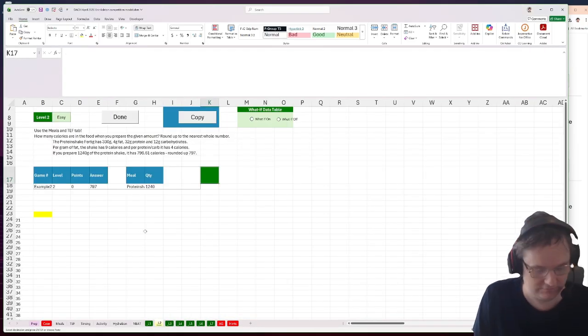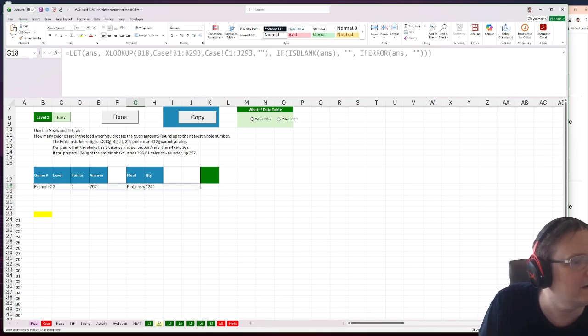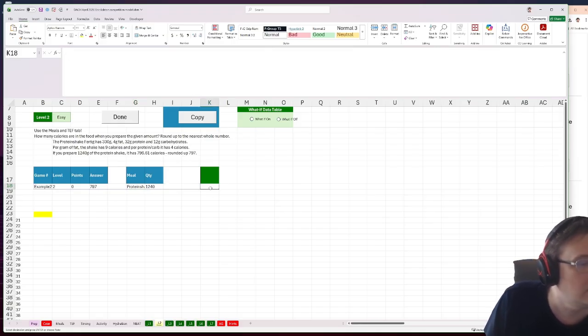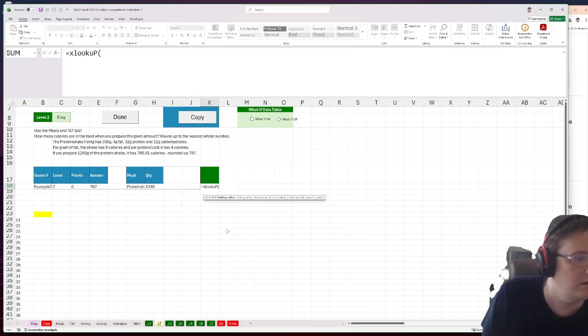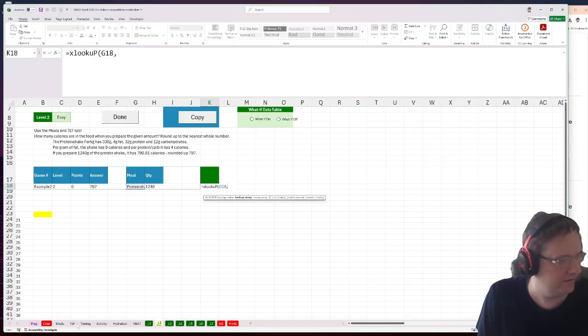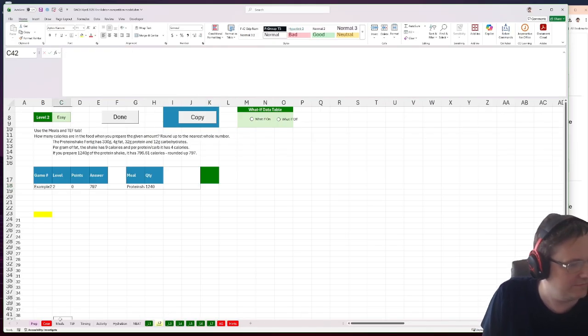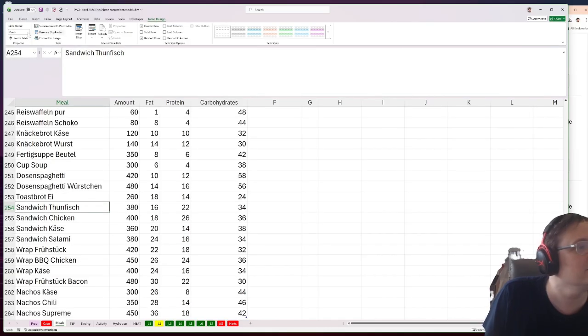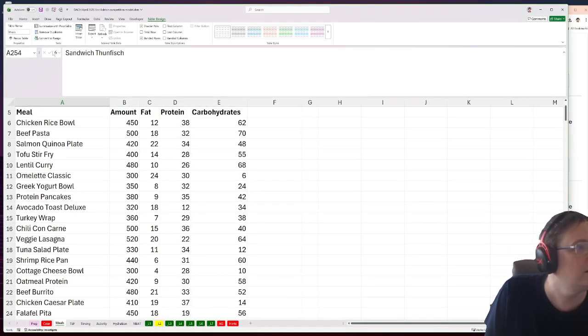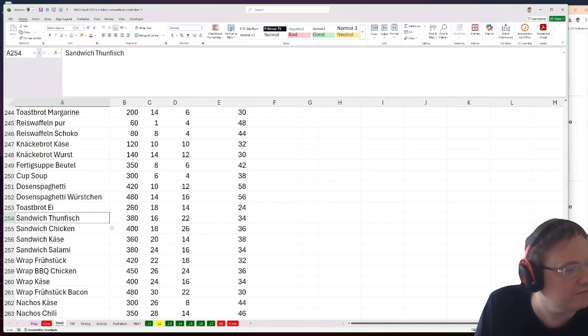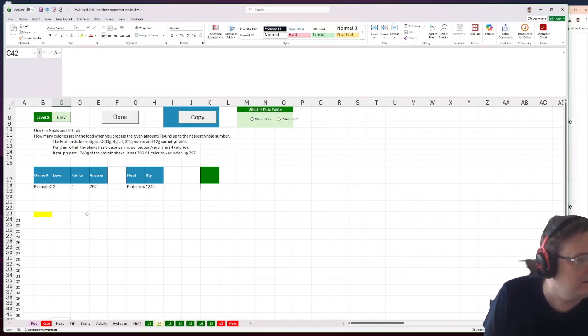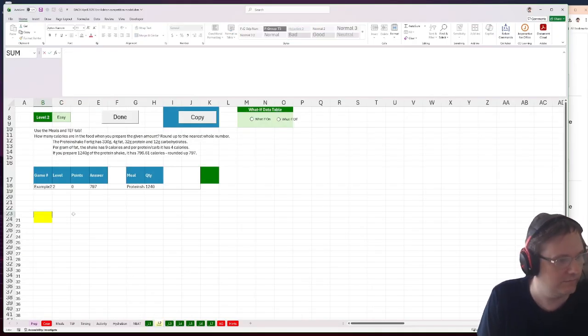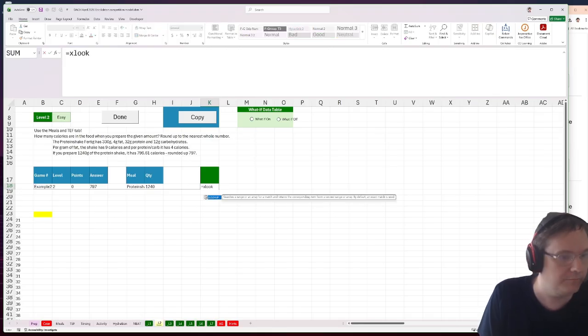How many calories when you prepare the given amount? So if I look up this on, I'm gonna make these a range, To range, yes, please. So now I'm going to look up the row.